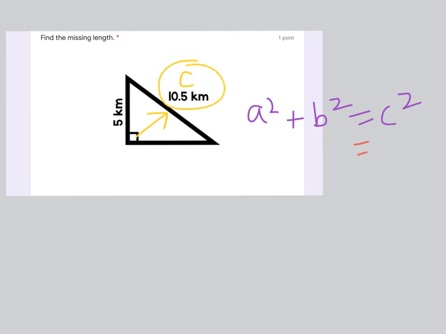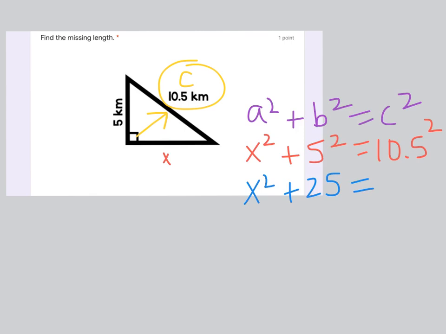So under the letter c, we put 10.5 squared, and then we'll go x squared or a squared plus 5 squared. So you set it up like that. Now, 5 times 5 is 25, and then 10.5 times 10.5 is 110.25. Again, I needed my calculator for that.